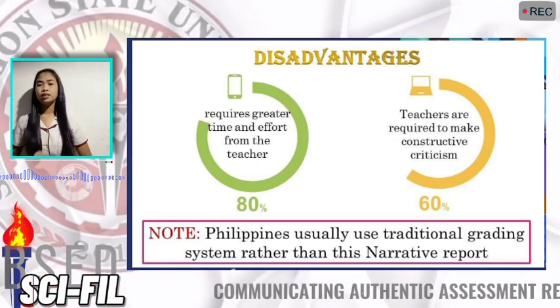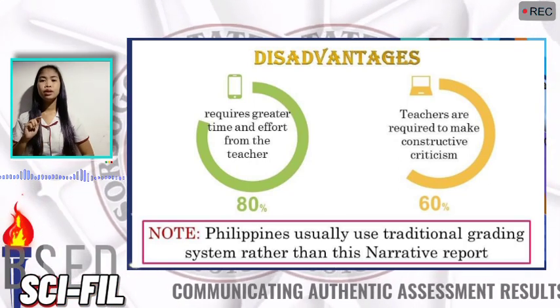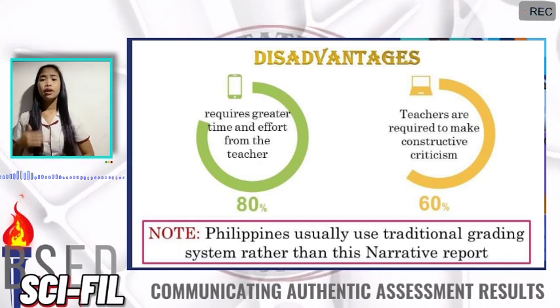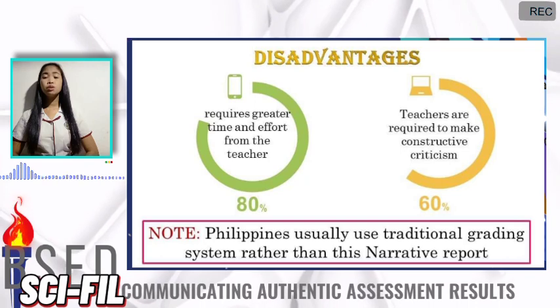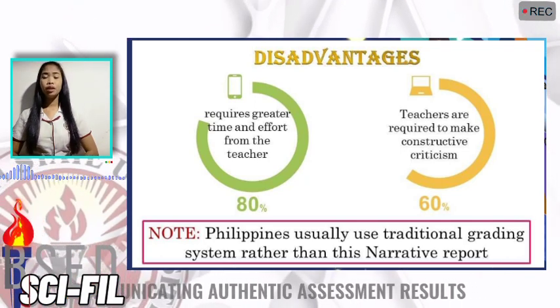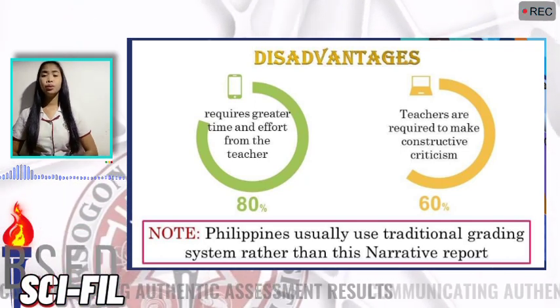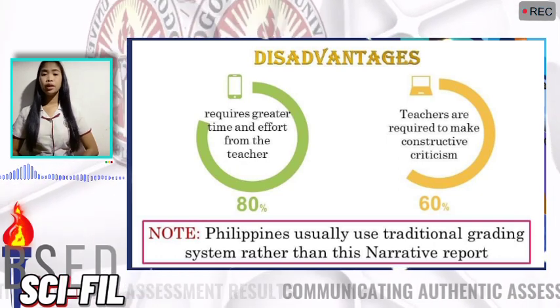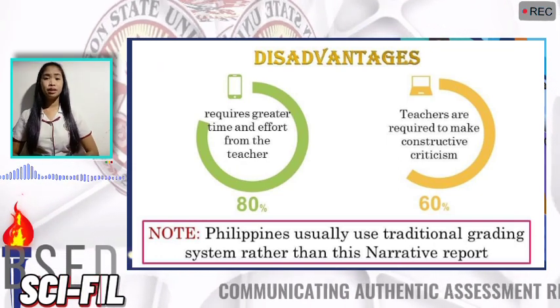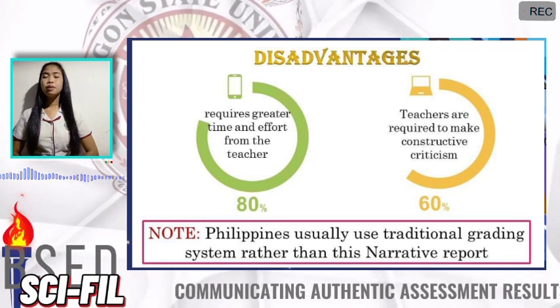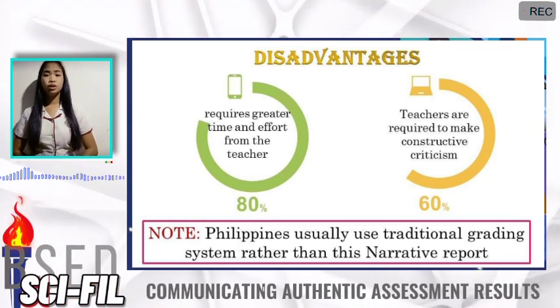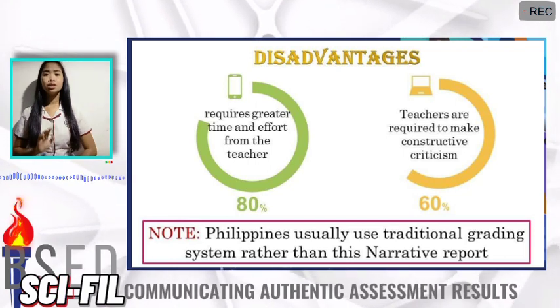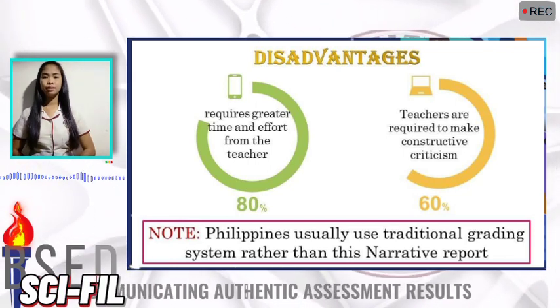And at the same time, they have to give their comments and suggestions on how the students will improve. Teachers using this kind of grading system are also expected to make their comments appear as constructive criticism. That is because the report must appear as motivation for the learners and not as discouragement for their progress.